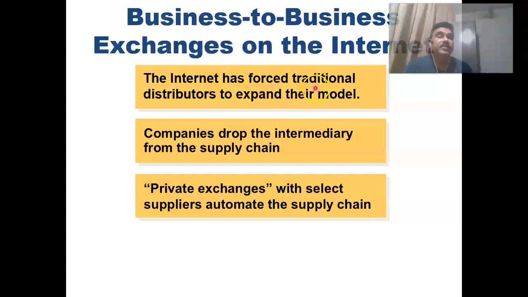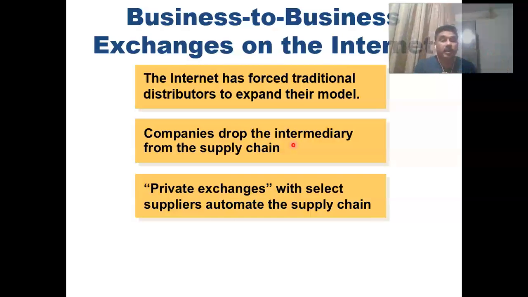The internet has forced traditional distributors to expand their models, and companies drop the intermediaries from the supply chain. Companies nowadays are dropping intermediaries like distributors, wholesalers, retailers, and are directly selling in the business to business concept, right?